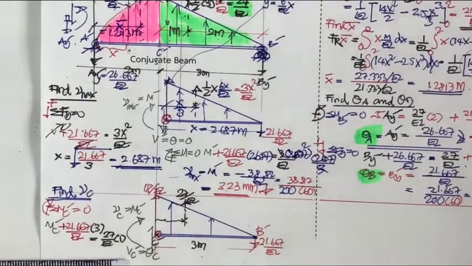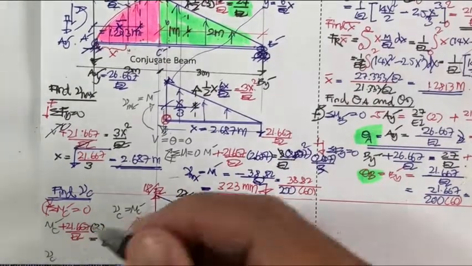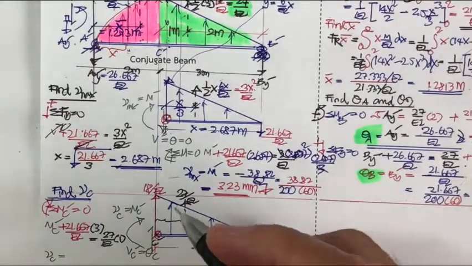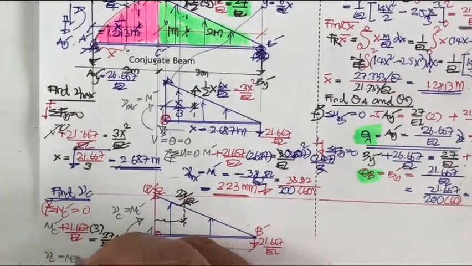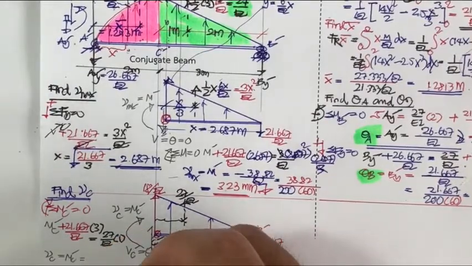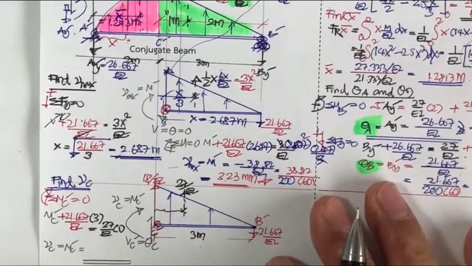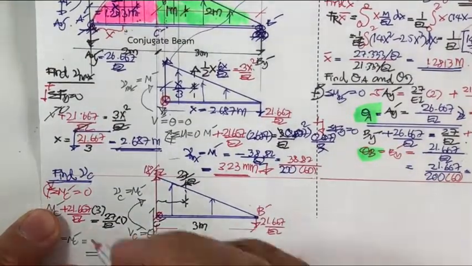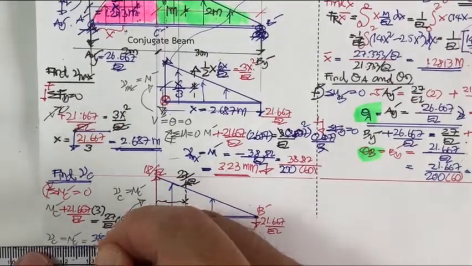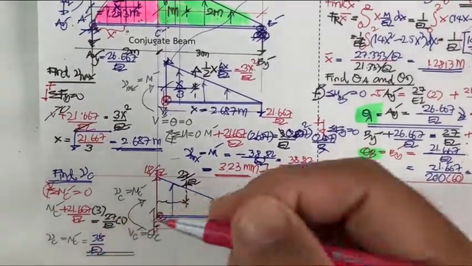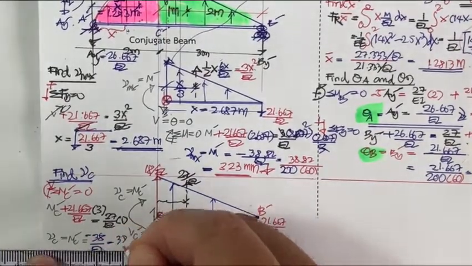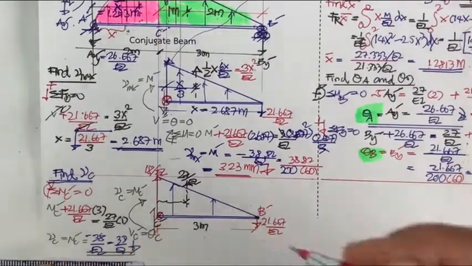And if you put everything in your calculator, you will get V sub C, this is going to be M sub C prime equal to 38. If you pause your video clip and put them into the calculator, it's going to be negative, or it's going to be 38 divided by EI downward.